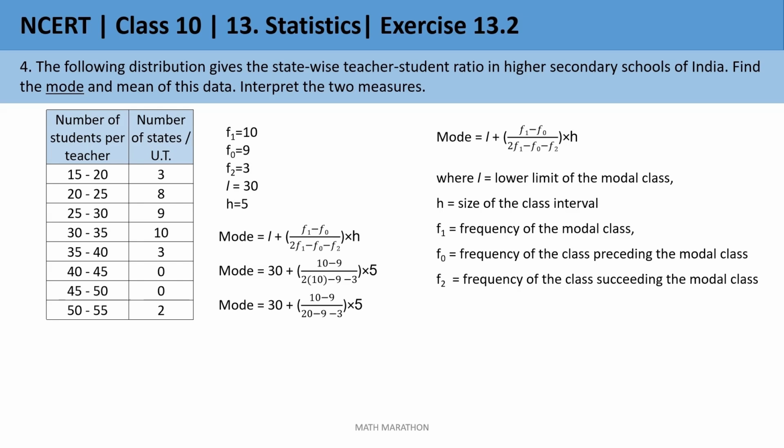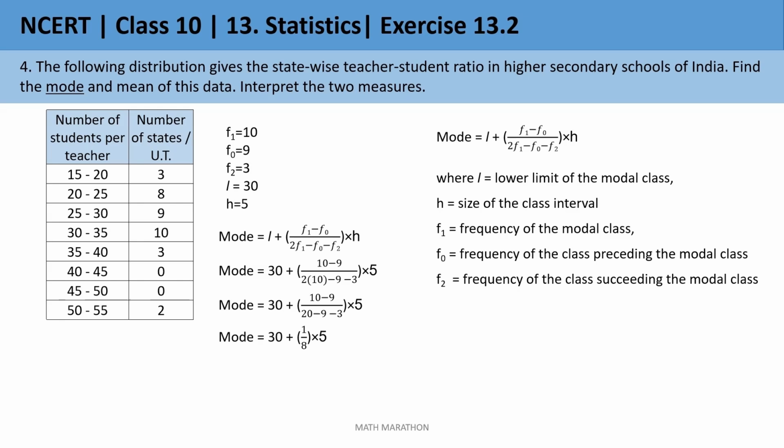In denominator, twice of 10 is 20. Remaining equation I have written as it is. In numerator, 10 minus 9 is 1. In denominator, 20 minus 9 minus 3 is 8.